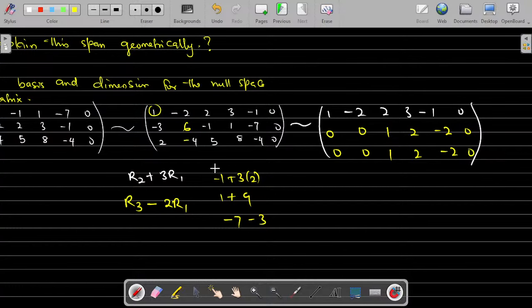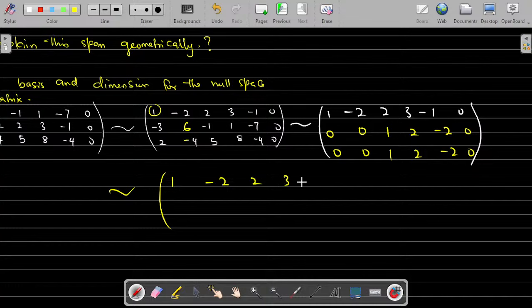And you will see something immediately. And what is that? You will immediately discover that our row 3 is the same as row 2. So if you now transform by saying row 3 minus row 2, you want to now replace row 3. So this is going to be 3 minus 1, 0. So here will be 0, 0, 1, 2, minus 2, 0.